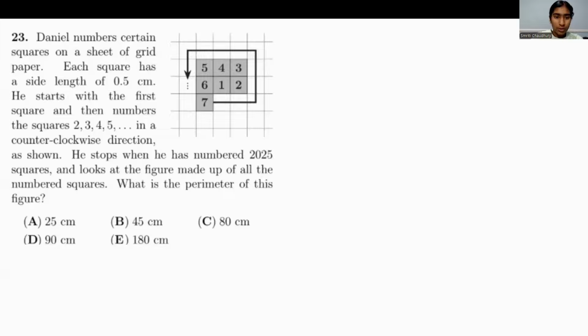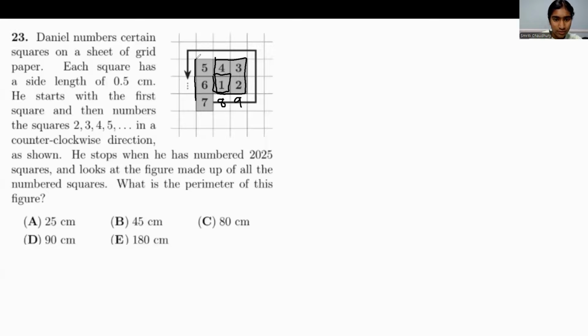So he started at 1 and then started numbering in the spiral as shown. And one thing to notice is that for any perfect square, the figure is a square. Like 1 has a square, 4 would have a square if you were to continue numbering.